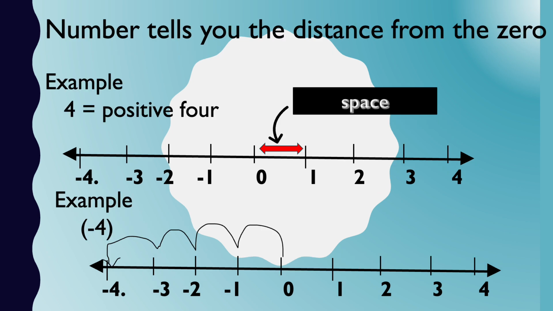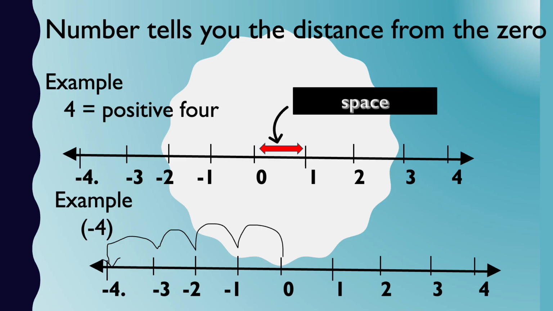So we learned the meaning of the signs. Now we are going to learn about the numbers. What do numbers tell you? The number tells you the distance from 0.